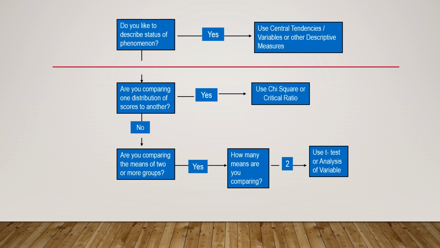Are you comparing one distribution of scores to another? If your answer is yes, use the chi-square or critical ratio. But if the answer is no, move to the next question.